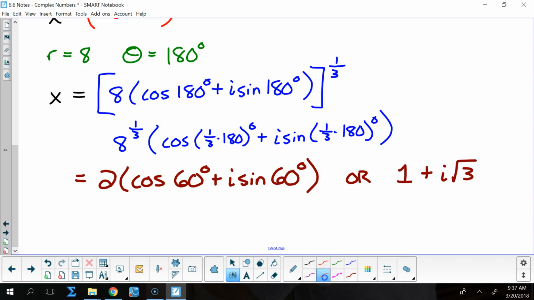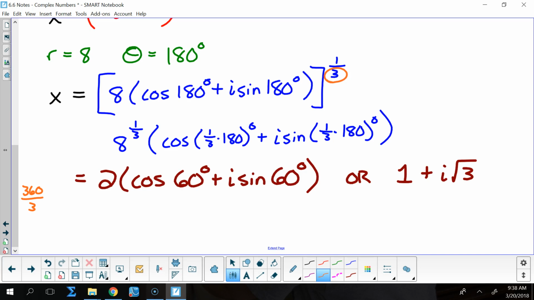On the side, you're going to take 360 and you're going to divide it by 3. And where I got that 3 from was right here. It's the root that you're taking. So in this case, we're taking the third root, so that's going to be 3. If I was taking the 18th root, I would divide by 18 there.